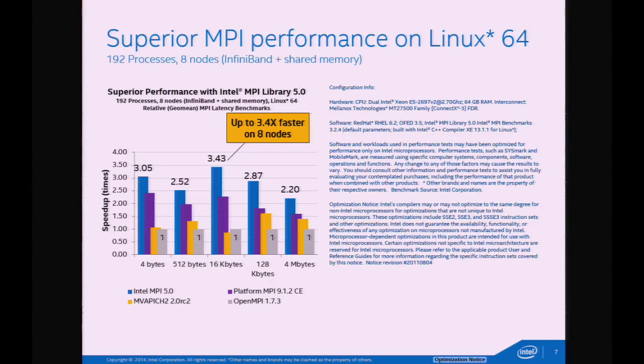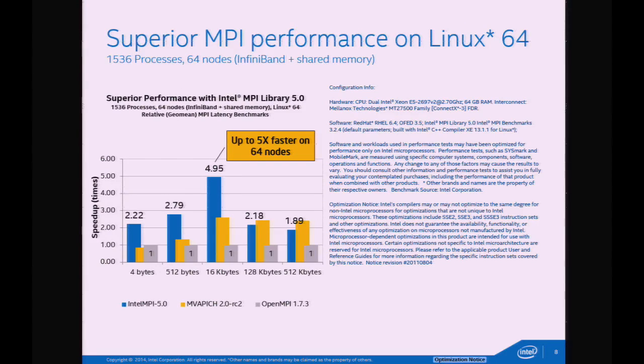This is running 192 processes over 8 nodes. By default, as I mentioned, we tend to pick the fastest fabric available across the nodes and use that when running. Now, if you go to the next slide, we're scaled out to 1,536 processes, spread over 64 nodes. You can see that we tend to do really well, especially at the higher core counts at that 16 kilobyte value.